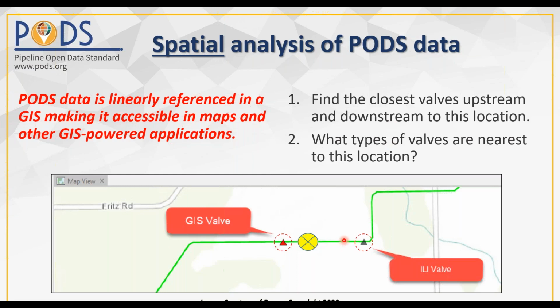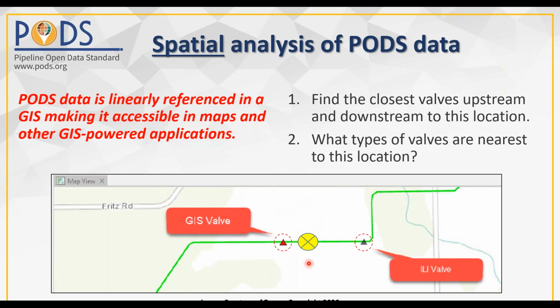And then if you want to drill down, for example, and learn more about these types of valves, you can get information by posing another query and seeing that this is a valve that's in the GIS system, and this is an ILI valve. So this is a very simple diagram, just to give you the idea that we're dealing with spatial data at this point, and it also is getting fuel from the PODS database.